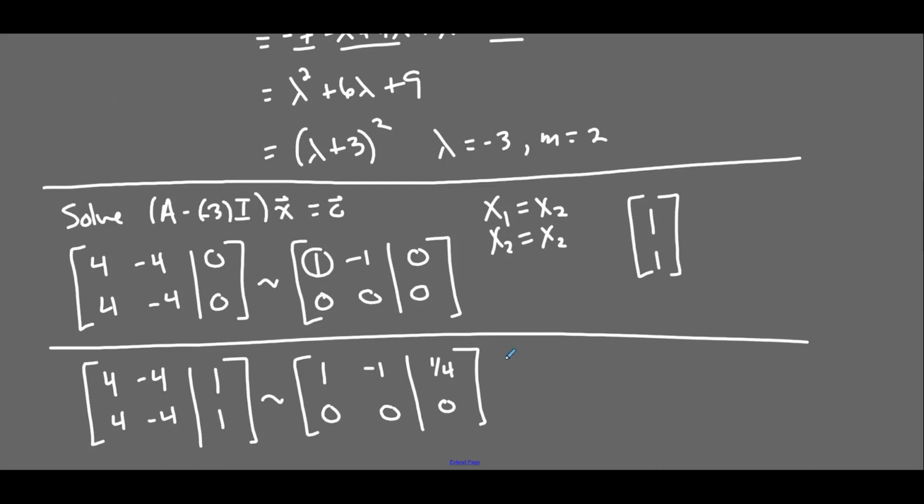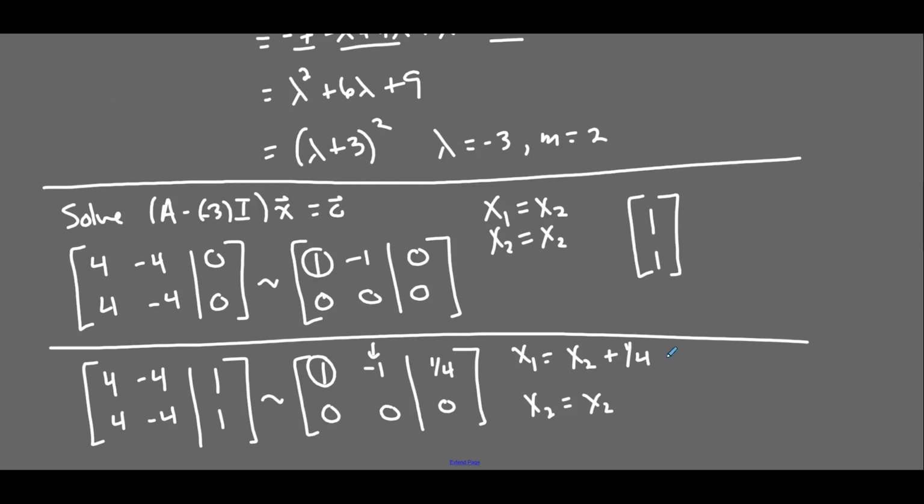All right, so same thing. We've got a leading 1 in the top left corner, and a free variable here, x2. So x2 is free. So x1 is x2 plus 1/4 now, okay?